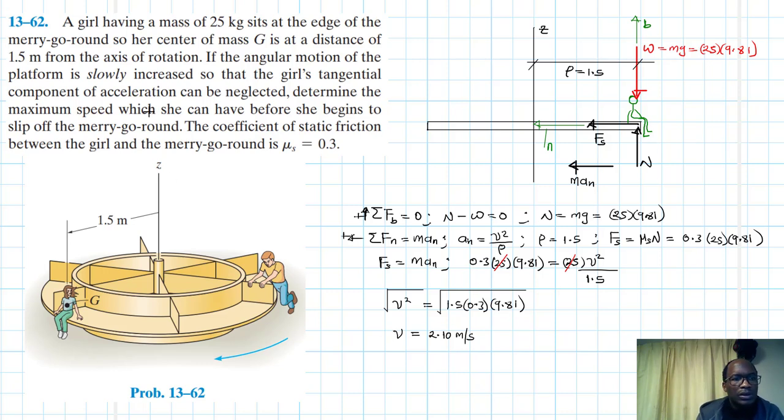So this is in fact the maximum speed that the girl can go before she begins to slip.